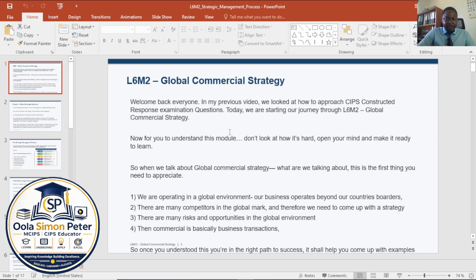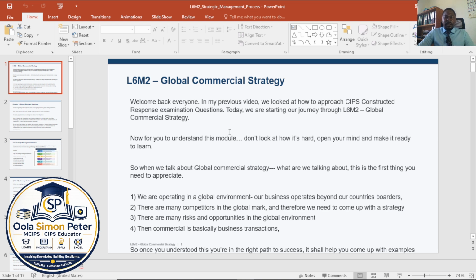Number two, there are many competitors in the global market, and therefore we need to come up with a strategy to have a competitive edge amongst our competitors. Number three, there are many risks and opportunities in the global environment. And number four, commercial is basically business transaction.